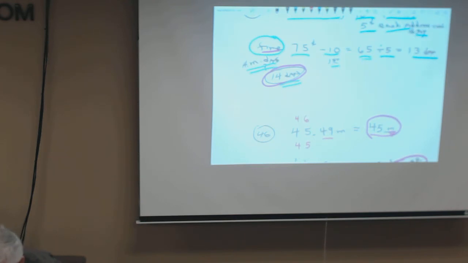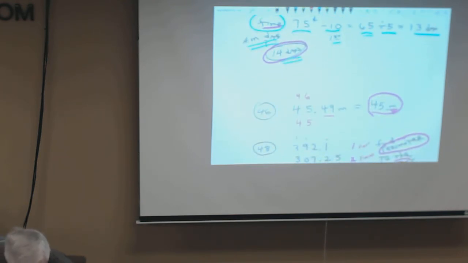46. Round the measure of 45.49 to the nearest meter. Okay, that's 45.49 meters. Now, when it says round it to the nearest meter, it's not 2, it's 1.